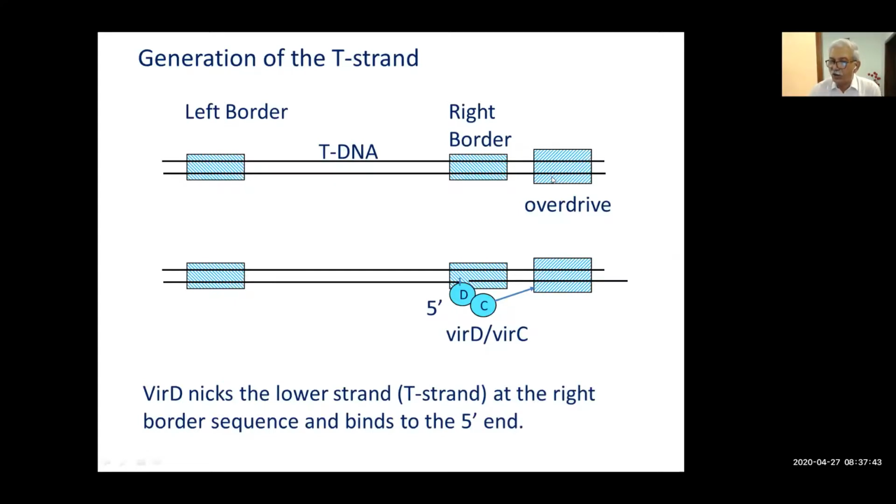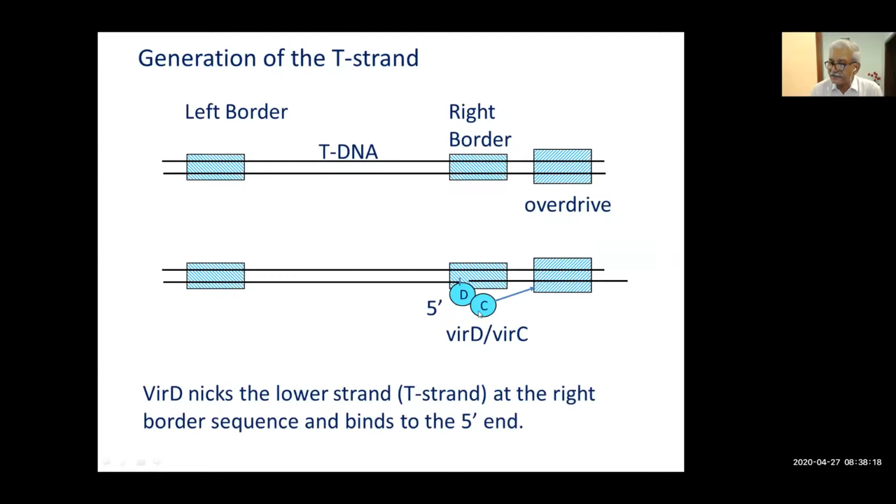Okay. So how it does is, I said VirD2 is one of the proteins which is responsible for producing a nick. I hope you can see this nick where the cursor is. Okay, one of the strands between the right border and left border is nicked by VirD2. And the overdrive sequence binds to another virulence protein which is known as VirC.